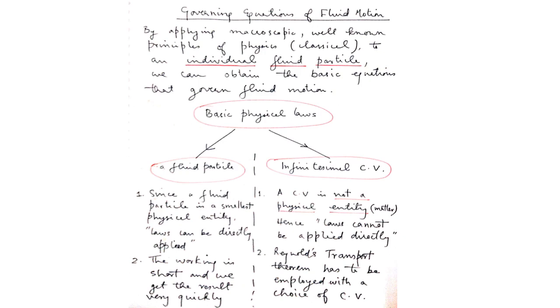But of course, when you read the textbooks and go into the literature, you find both of them are quite liberally followed. In fact, at the undergraduate level, many times we observe that books are following the infinitesimal control volume approach rather than this approach.